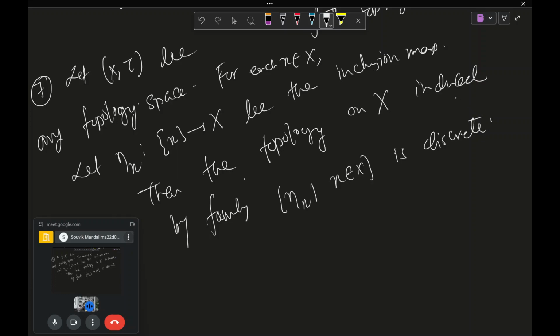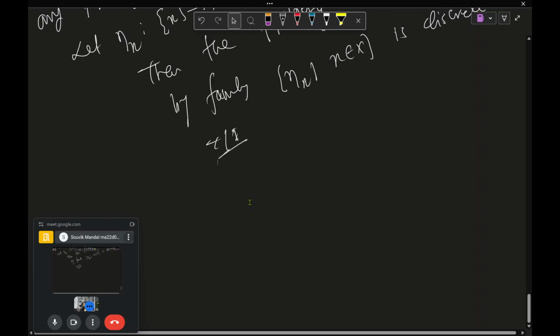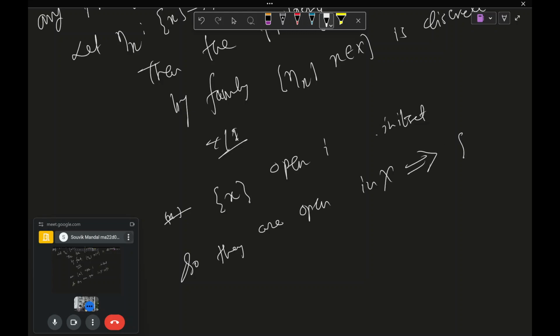So how to do it? The same way. We need to check the inverse images, right? Since the singletons are open in themselves, they are open in it, which tells us that the topology induced by eta_x is discrete.